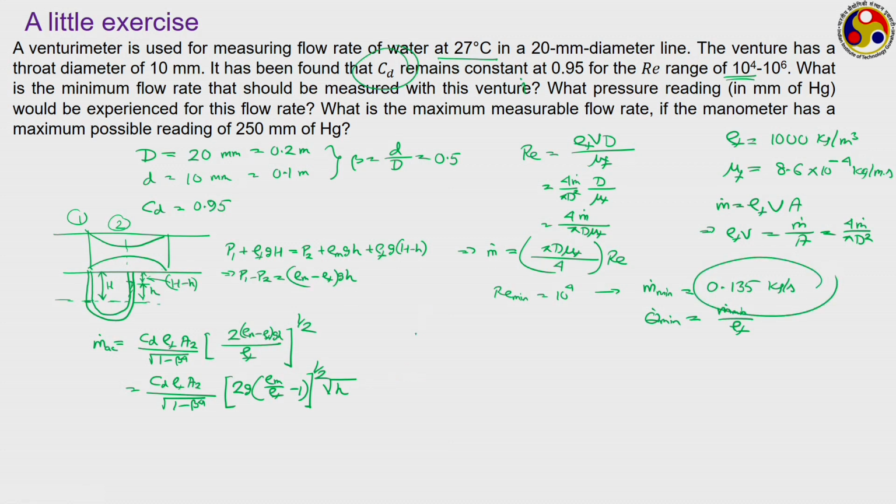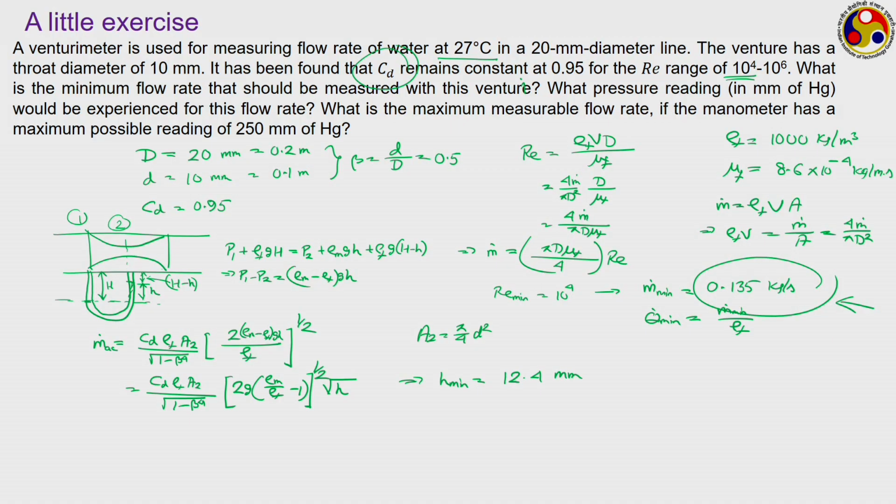Everything else is known. Here A2 will be equal to pi by 4 small d square, which is the area of the throat. So, if you put everything here, the smallest value of h, which corresponds to the m dot min, will come as 12.4 millimeter. So, this way we can calculate the smallest possible elevation in the mercury column that we are going to get in this particular situation.